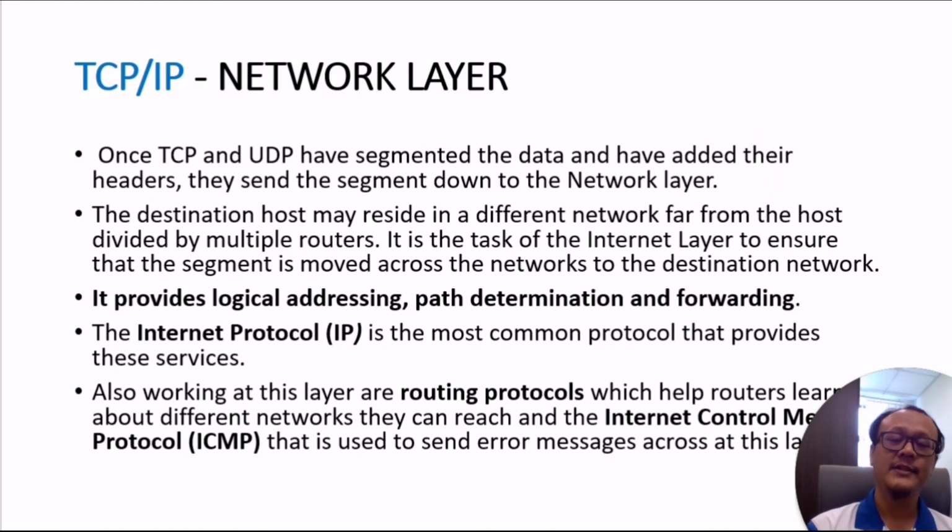Below the transport layer is the network layer. This is the third layer of the TCP/IP reference model. The network layer provides logical address, path determination, and forwarding. So in this layer, we have to assign the IP address and also do the path determination.